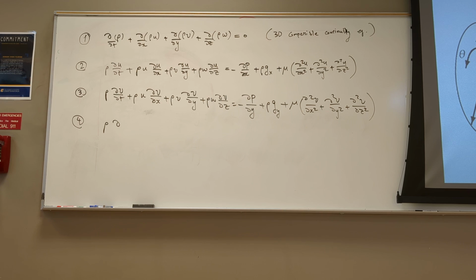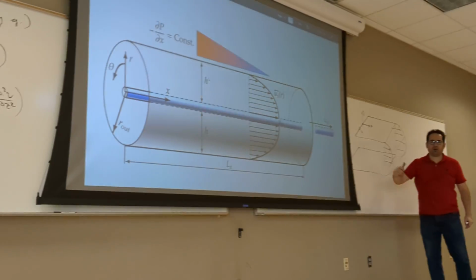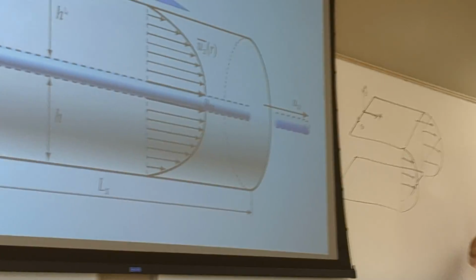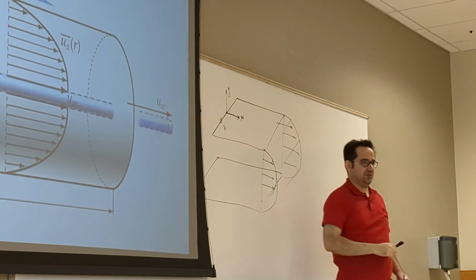If I put my x just like that, and instead of r I put my y here, you see that's my x. So this is your z: x, y, z. Do I have a z component? No. Velocity u is in what direction? Only x.